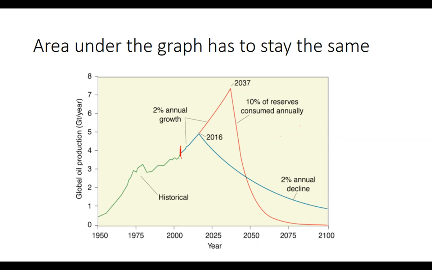This graph's a little bit old. We can see this continue on up here. They note the 2016 date. So the question is, what's going to happen? Are we going to continue to use oil and continue to go up, or is it going to start to drop off, as Hubbert's curve is saying it should?